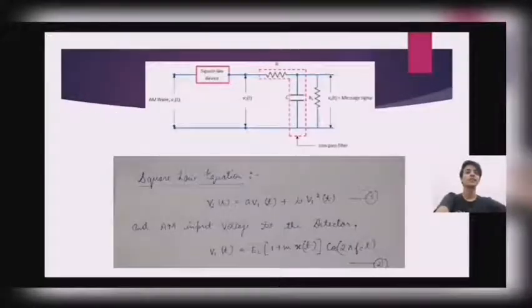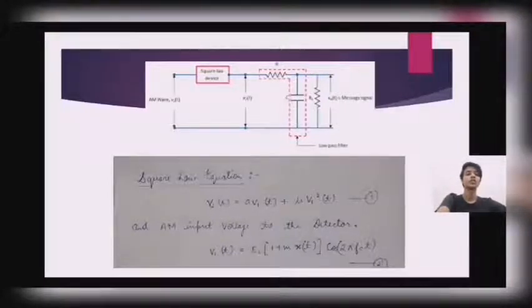If we talk about the circuit diagram of the square law detector, at the input terminal the square law device is connected, and afterwards the capacitor C is connected in parallel to resistor R, which together form the low pass filter of the detector.